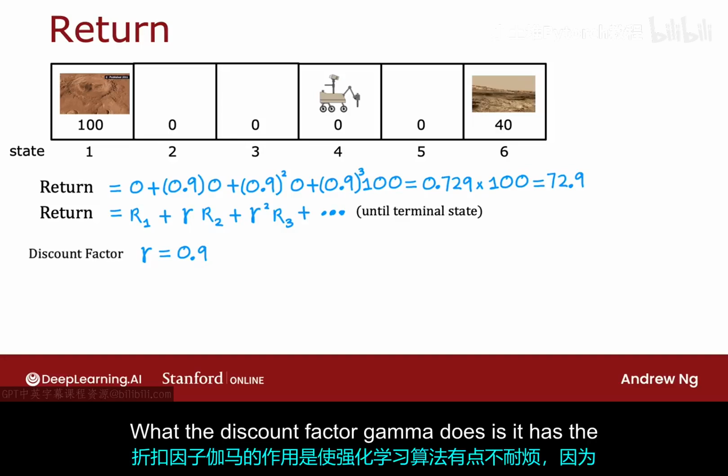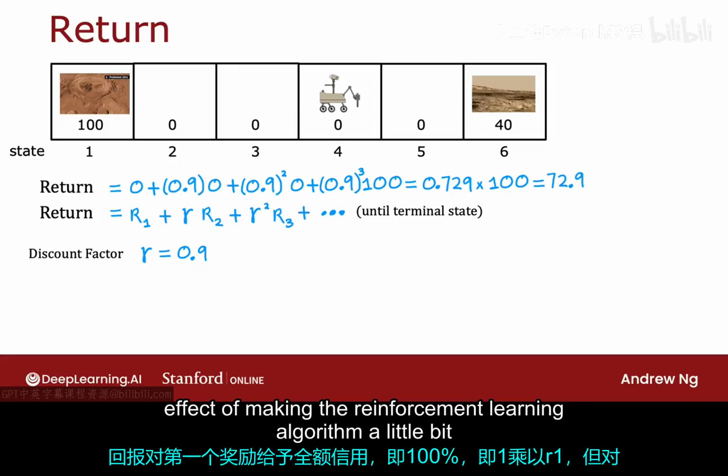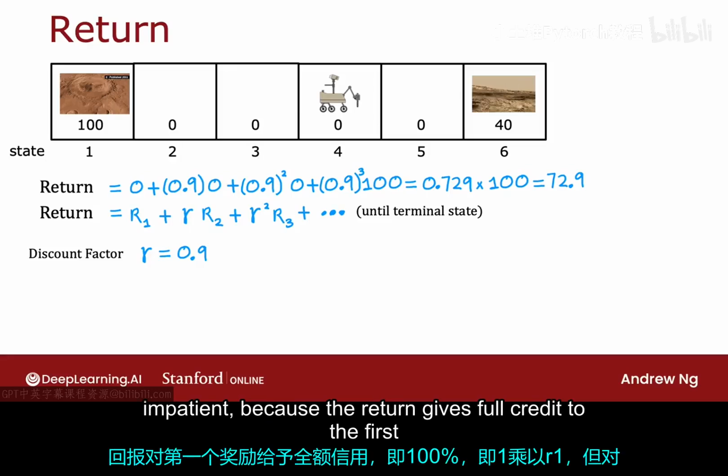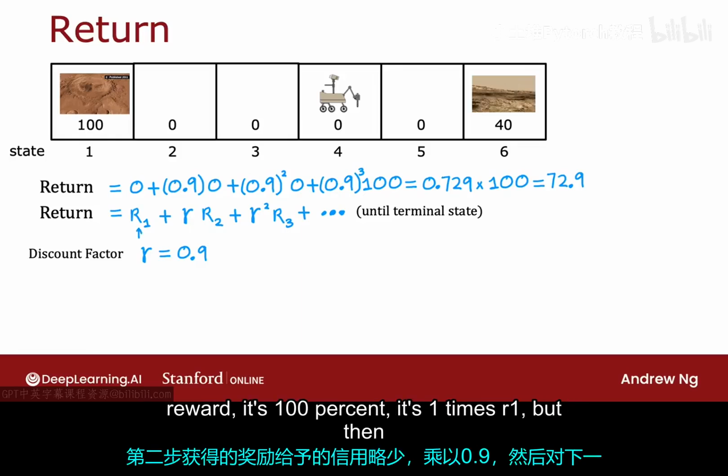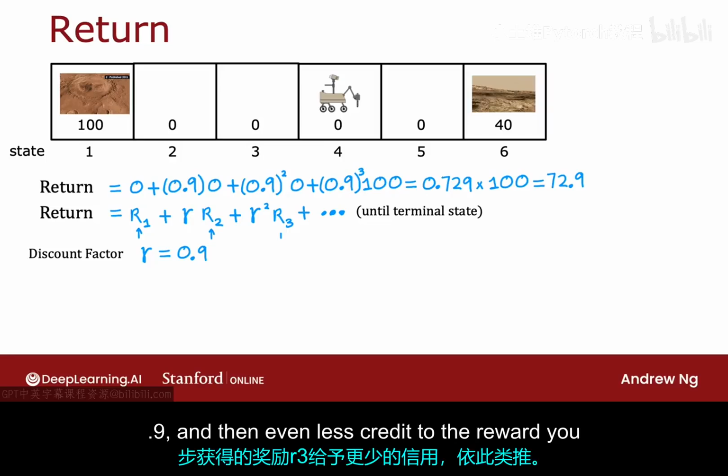What the discount factor gamma does is it has the effect of making the reinforcement learning algorithm a little bit impatient, because the return gives full credit to the first reward, 100%, 1 times R1, but then it gives a little bit less credit to the reward you get at the second step, that's multiplied by 0.9, and then even less credit to the reward you get at the next time step, R3, and so on.